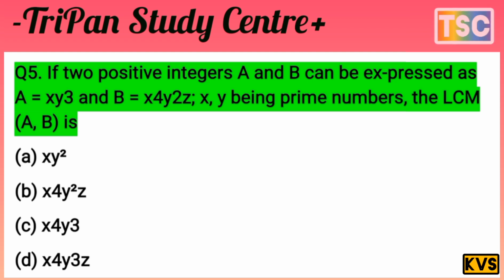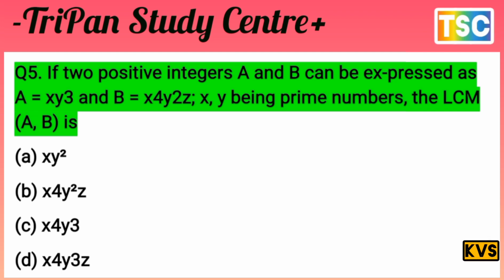The LCM means lowest common multiple. Take the lower common factor here, y^3 from a, and from b, x^4 and z. It means option A is totally wrong here. That's not applicable.